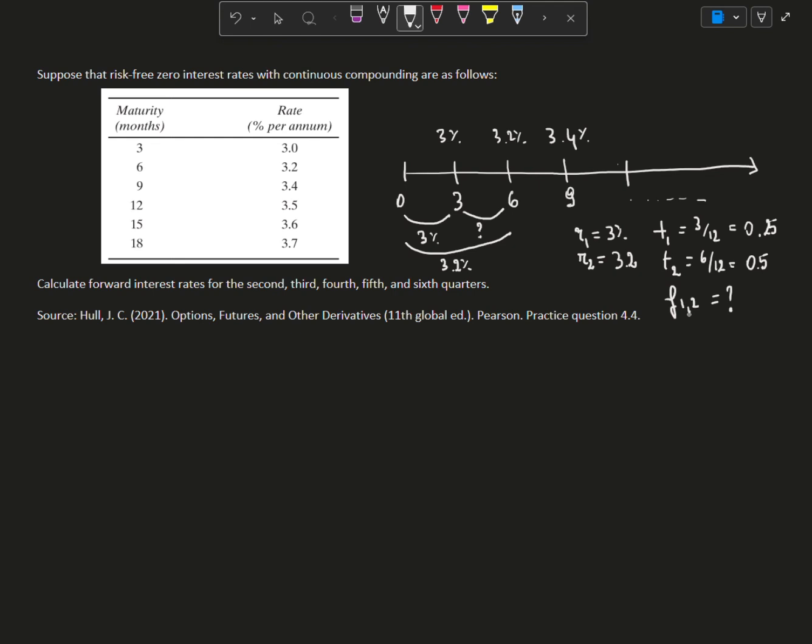For the sake of this exercise, we will use continuous compounding, just like Hull does in the textbook, although the street uses discrete compounding, so we will later solve this exercise with discrete compounding.